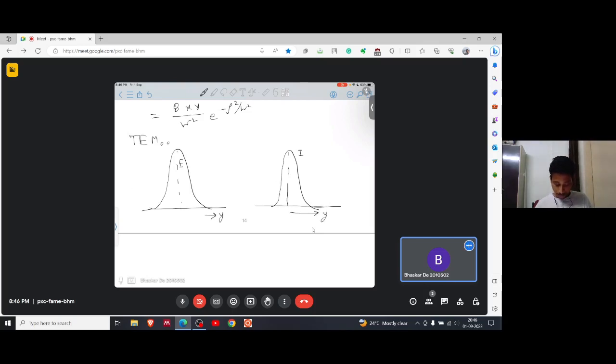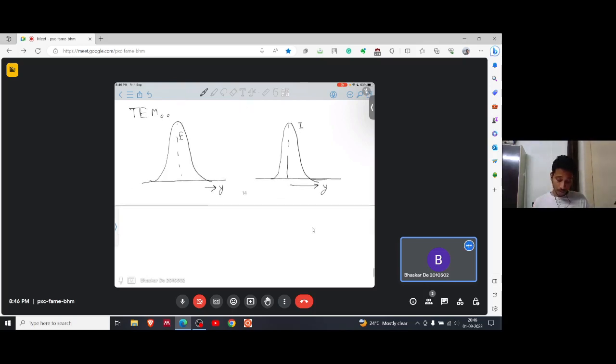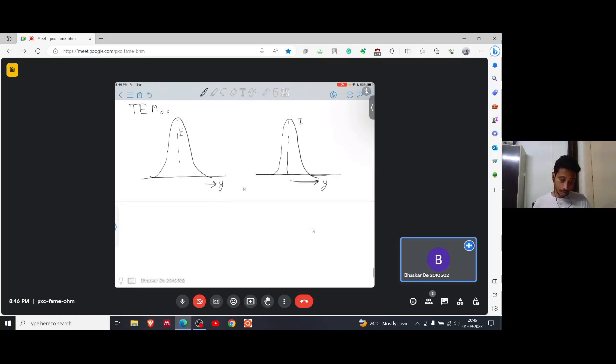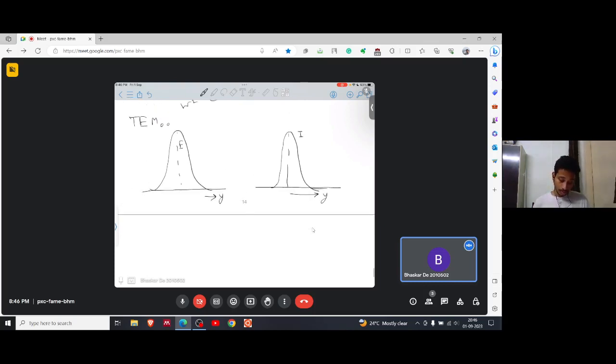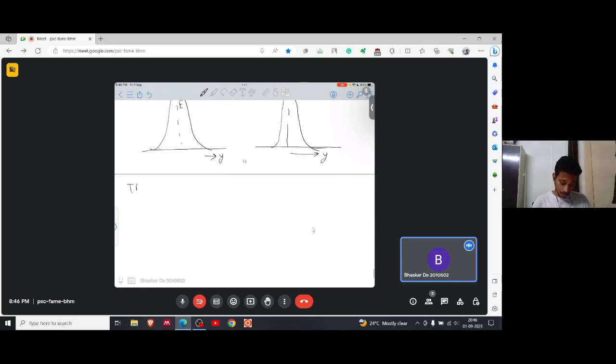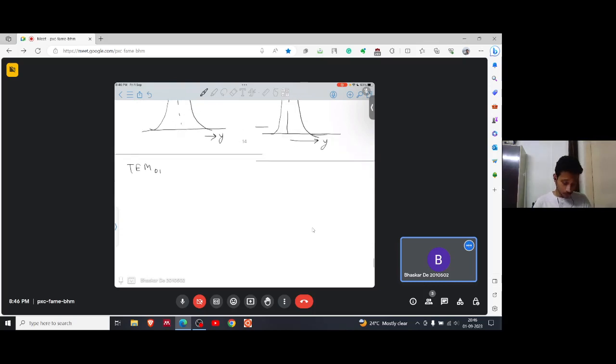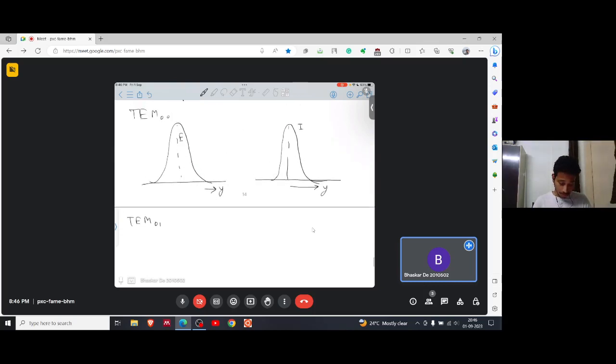So this is a one dimensional plot of the modes. But when we go to TEM 01, this is basically from the point x equal to 0.